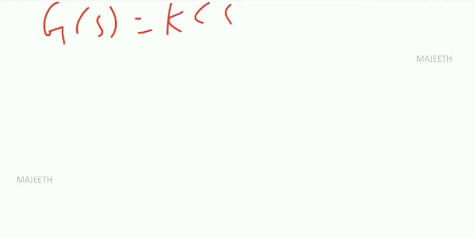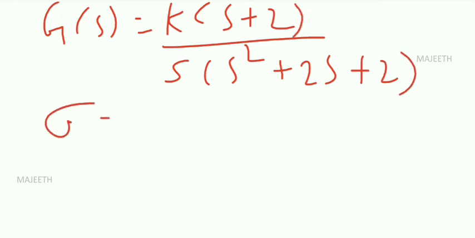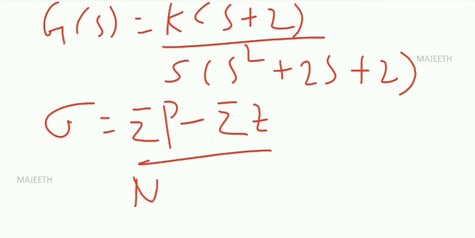Let us see that. G(s) is given as G(s) = K(s + 2) / [s(s² + 2s + 2)]. So what is the formula for centroid? Centroid is equal to sum of poles minus sum of zeros, divided by number of poles minus number of zeros.